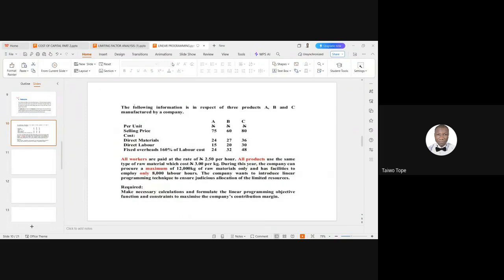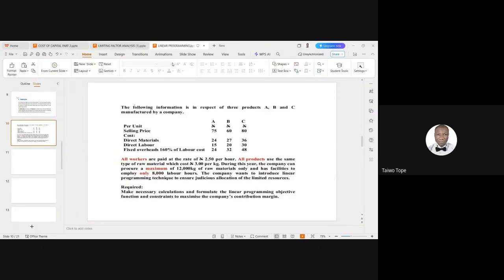Now the question says, make necessary calculations and formulate the linear programming objective function and constraints to maximize the company's contribution margin. You can see the statement.